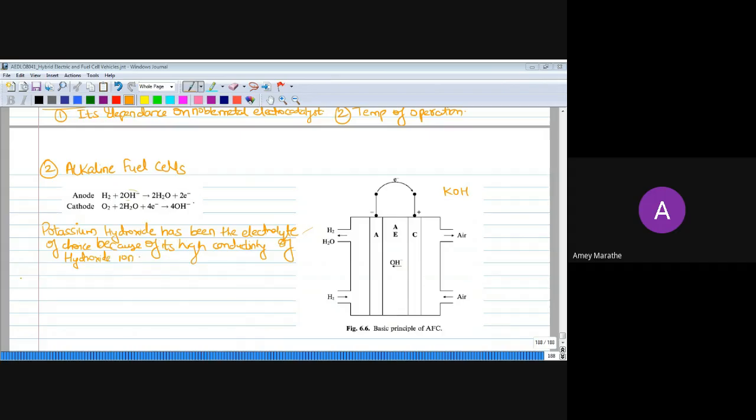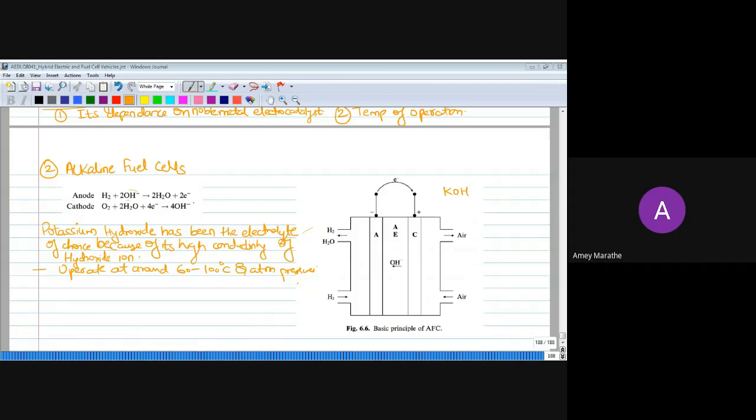They operate at around 60 to 100 degrees Celsius of temperature and atmospheric pressures.